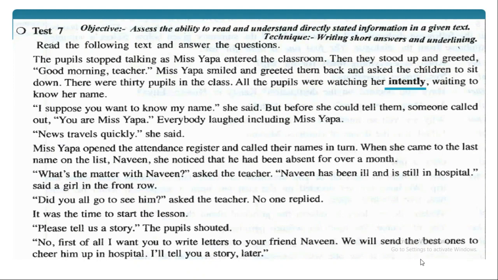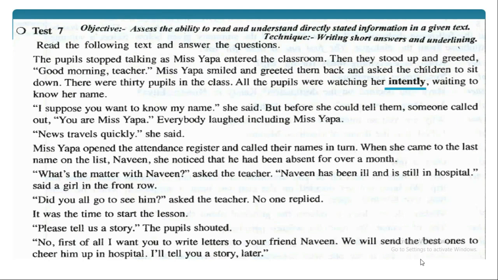"Did you all go to see him?" asked the teacher. No one replied. It was time to start the lesson. "Please tell us a story," the pupils shouted. "No. First of all, I want you all to write letters to your friend Naveen. We will send the best ones to cheer him up in the hospital. I will tell you a story later."